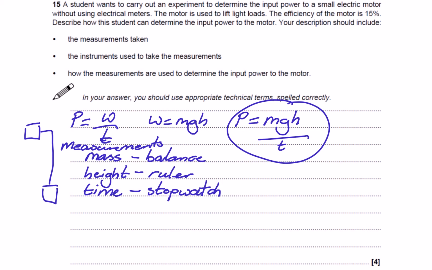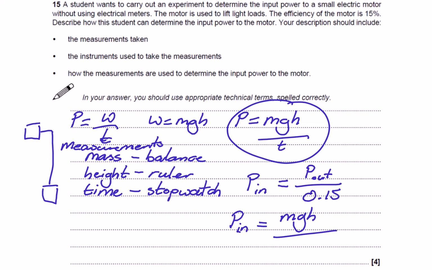So my input power, let's call that power in, is going to equal my power out divided by 0.15, or power in is going to equal mgh over t, divided by 0.15. 4 marks, nice and simple.